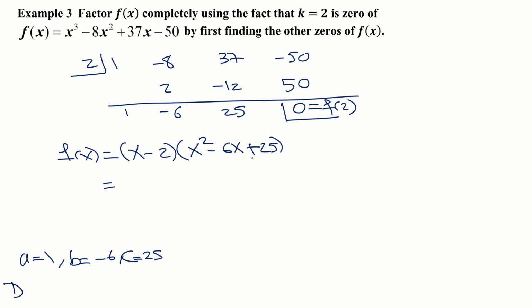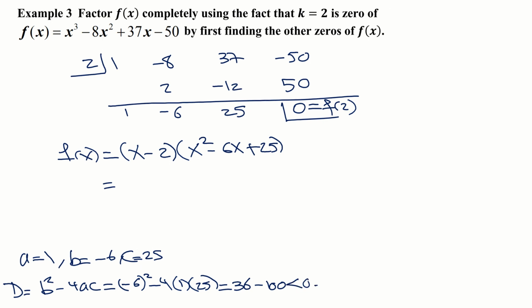So if you calculate the discriminant, which is b squared minus 4ac, you end up with quantity negative 6 squared minus 4 times 1 times 25, right? So that's going to be 36 minus 100. Now it happens to be negative 64, but I don't even really care about that. I just care about the fact that it's negative, right? That tells me I'm going to have two complex conjugate roots, right? From our previous knowledge.